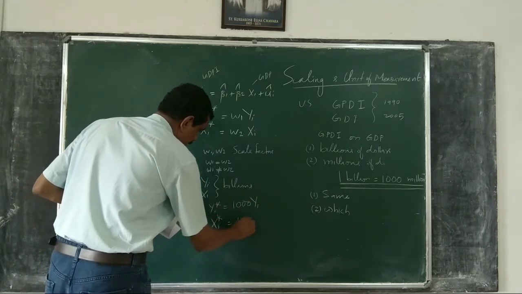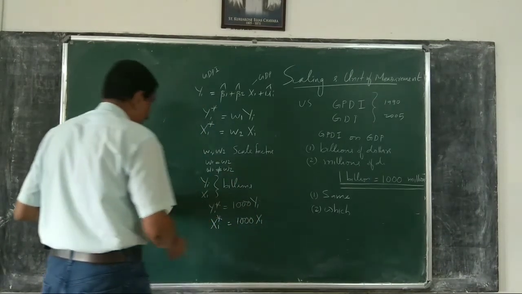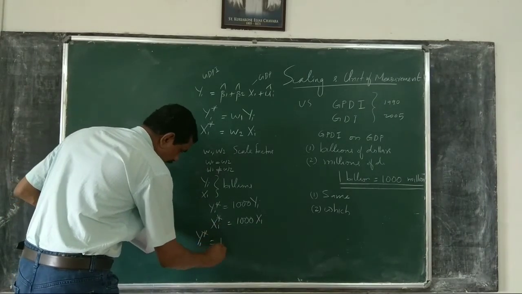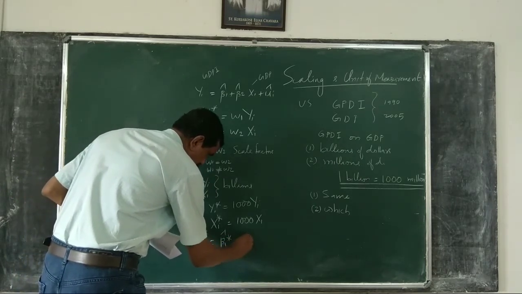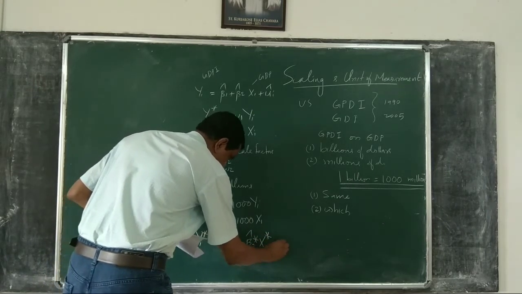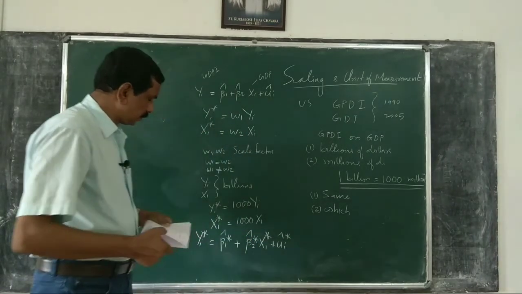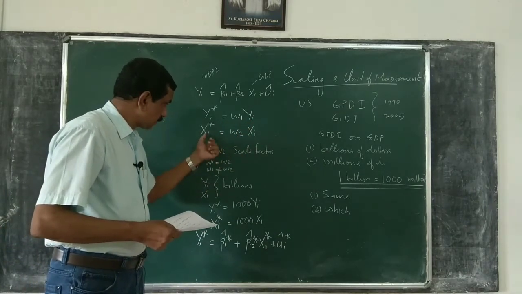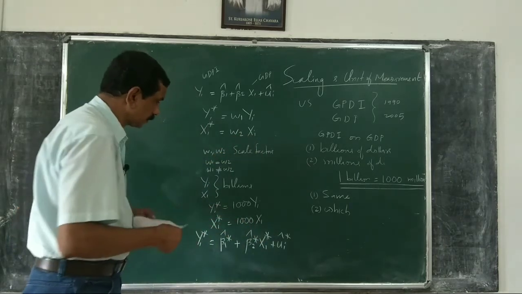It is 1000 into xi. Now consider regressing y star i equal to beta hat 1 star plus beta hat 2 star x star i plus u hat star i, where y star i is W1 yi, x star i is W2 xi, and what is u hat star i?